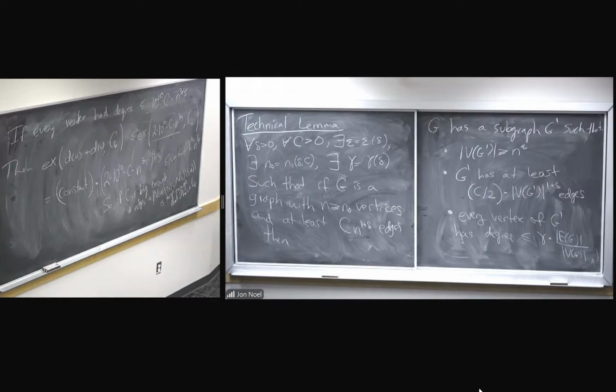Which is kind of saying every vertex has degree at most some constant times the average degree of the graph, right?